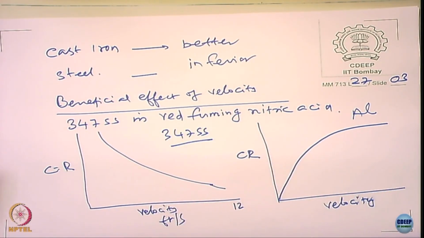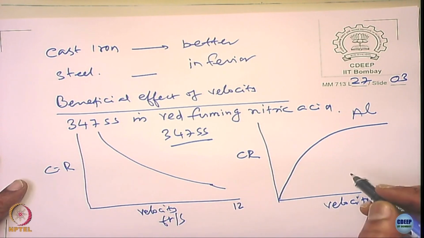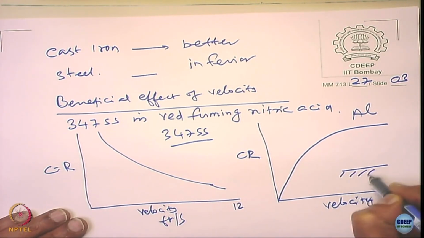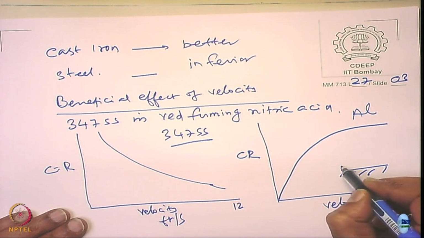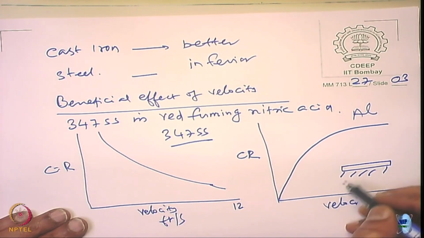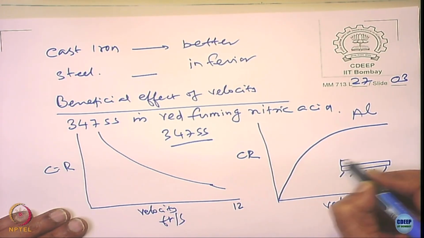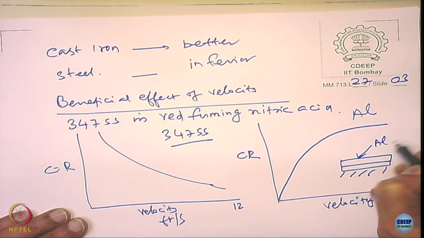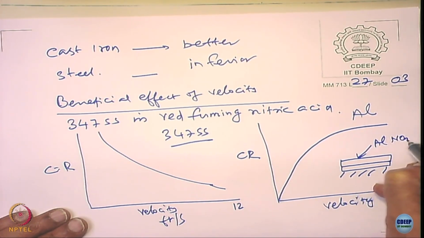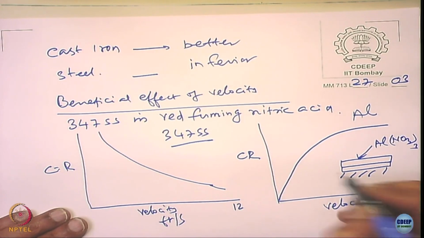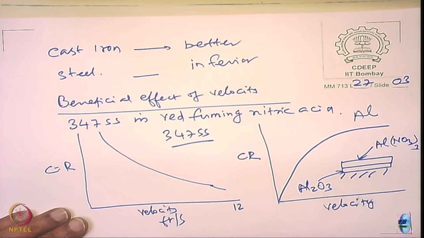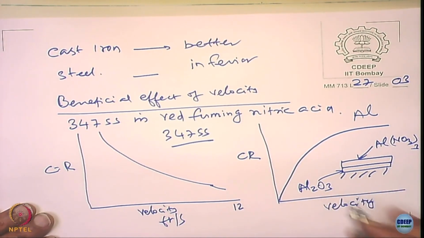The reason being, in aluminum alloy what happens is, it forms two kinds of films in nitric acid: aluminum nitrate and the other film is Al2O3 film.